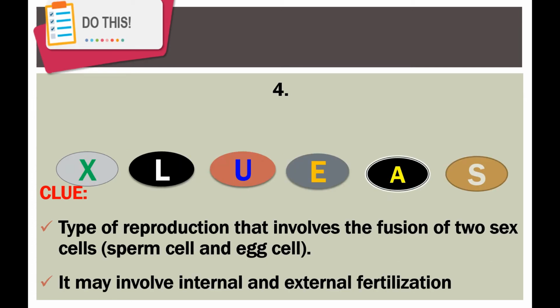Number 4, type of reproduction that involves the fusion of two sex cells, sperm cell and egg cell. It may involve internal and external fertilization.